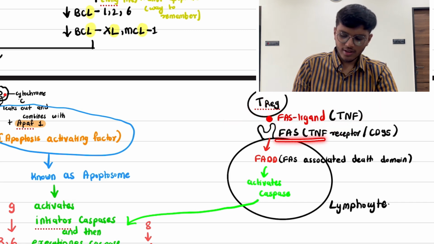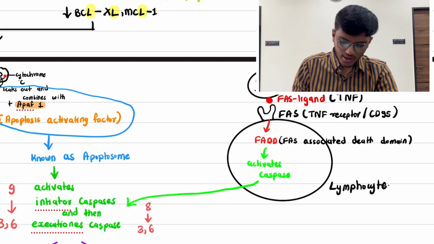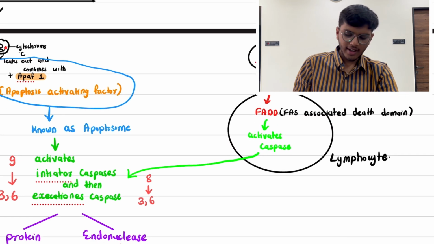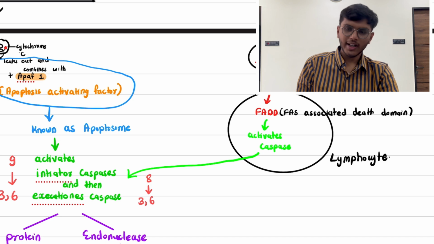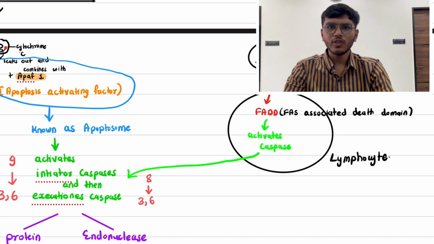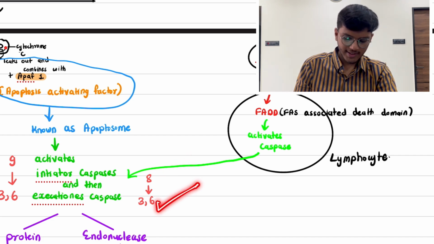And here there is Fas receptor or TNF receptor. It comes in and then there is FAS associated death domain and it activates caspase. And then it leads to the activation of initiator caspase and executioner caspase. In extrinsic pathway, the initiator caspase is 8 and executioner caspase is 3 and 6.